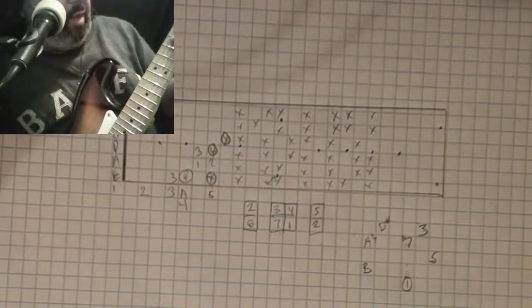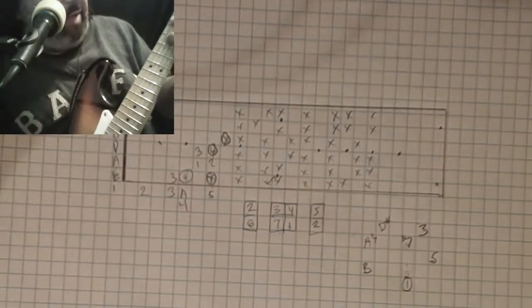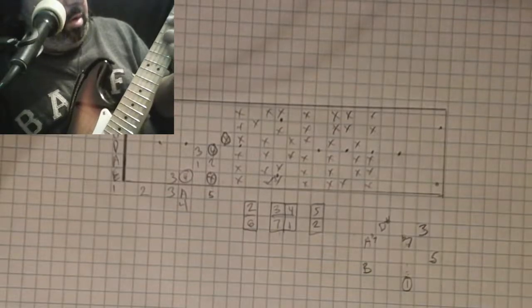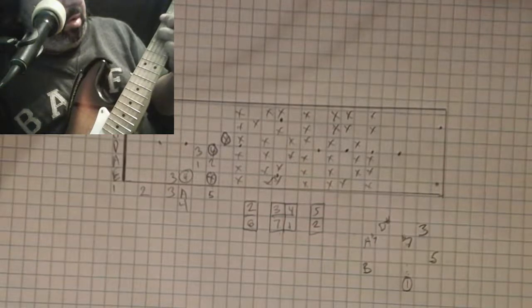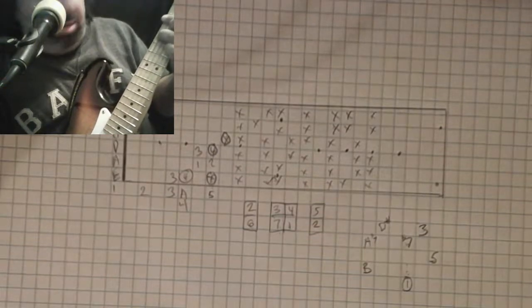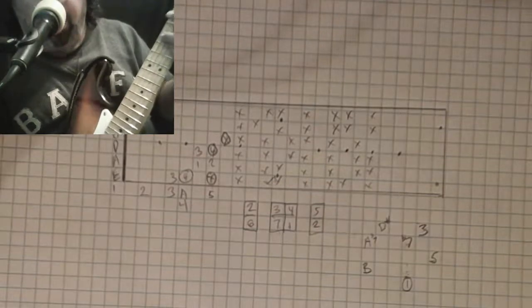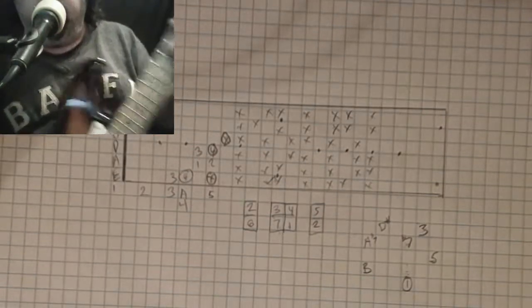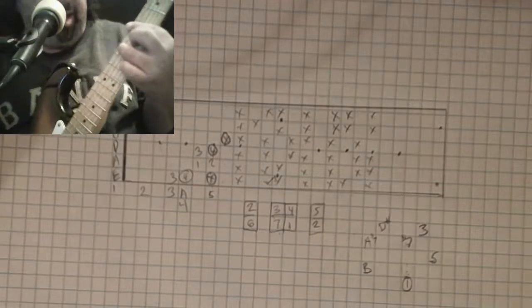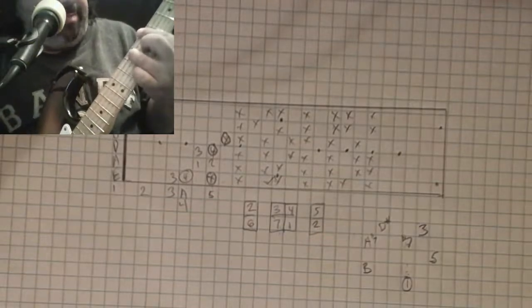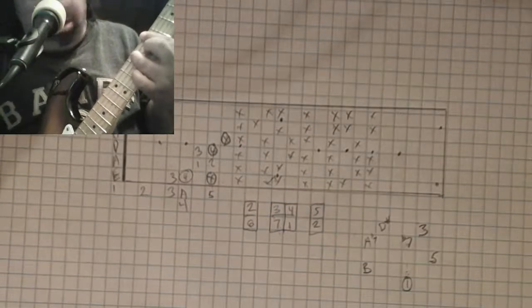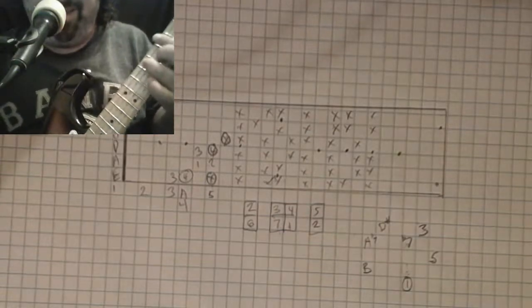But if we move the root down, or move the bottom of our chord up, which is what I accidentally did, what is that? A B minor 7th. Sorry, that's once again a B major 7th.